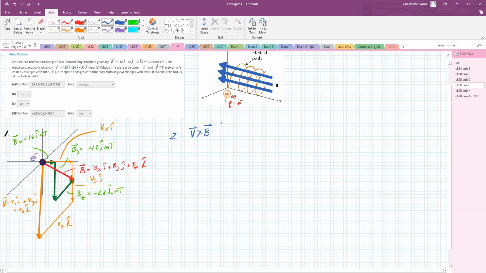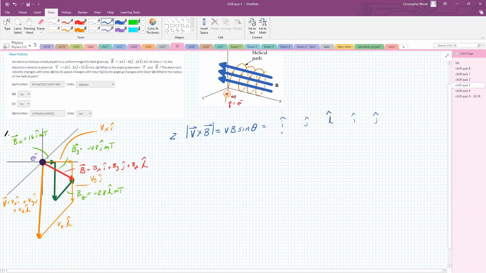V cross B is equal to VB sine theta. And here's another way to do V cross B. This would be magnitude. I can do the magnitude of V cross B that way, or I can do the old method of Sarrus. i, j, k, i, j.